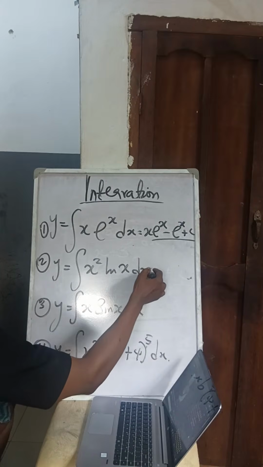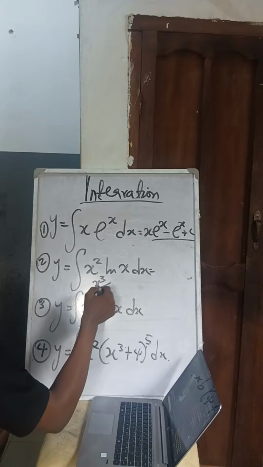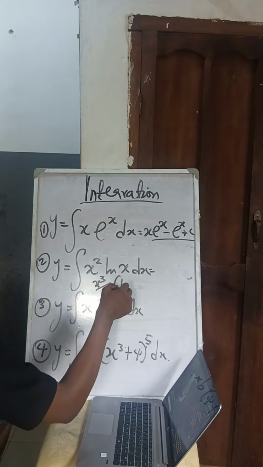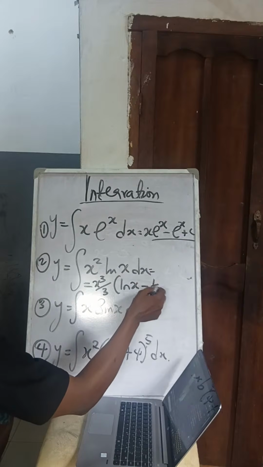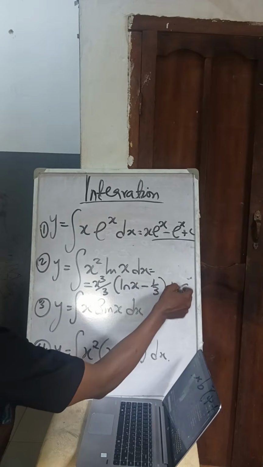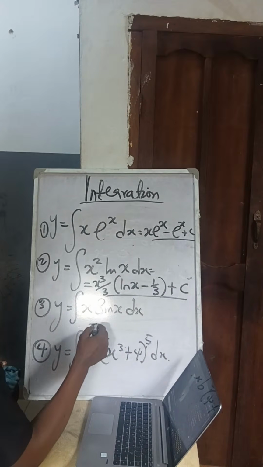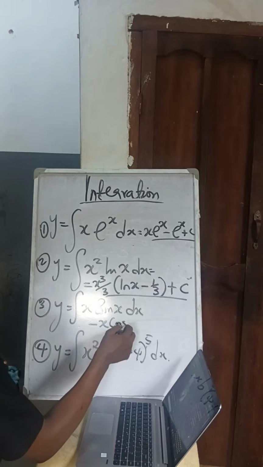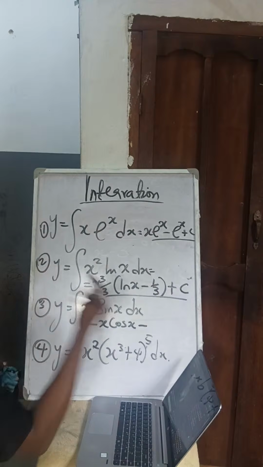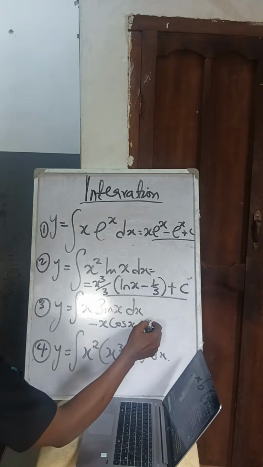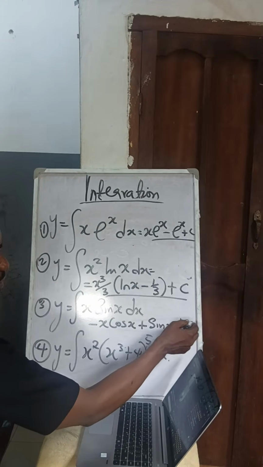This is equal to x cubed all over 3 into ln x minus 1 over 3 plus c. Very simple. This is minus x cos x, minus times minus is plus sine x plus c.